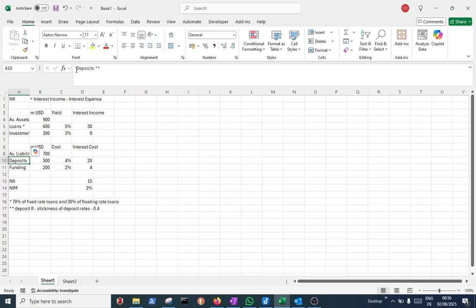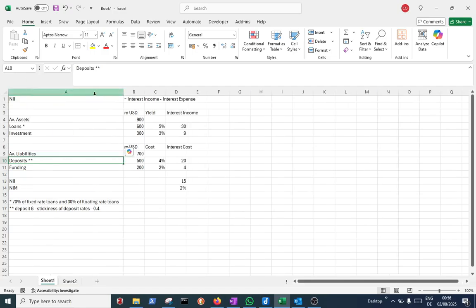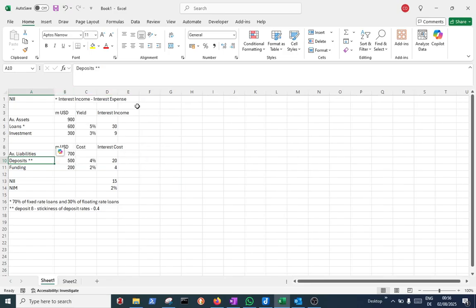As easy as that. But now we need to consider a highly probable scenario of a rise in interest rate. Let's call it rate shock.